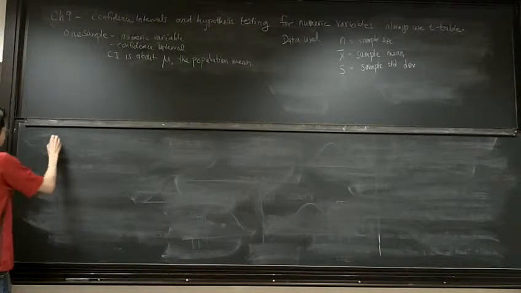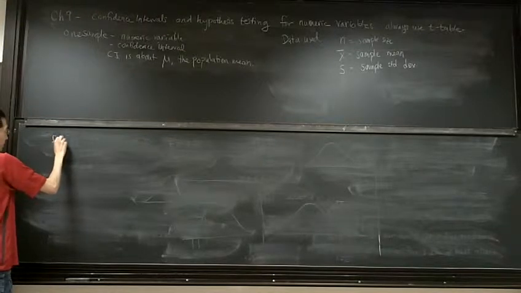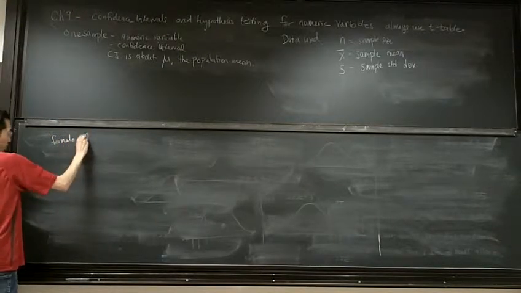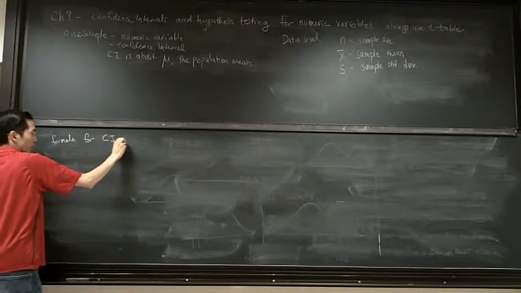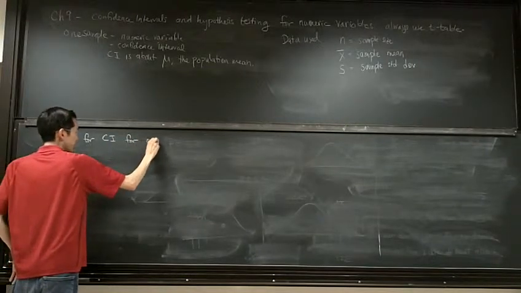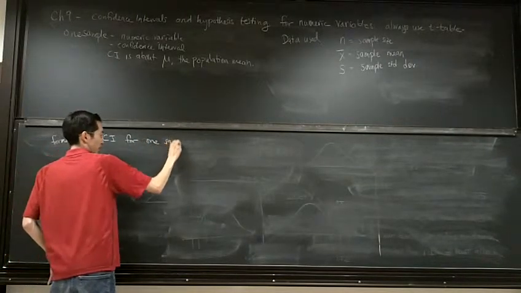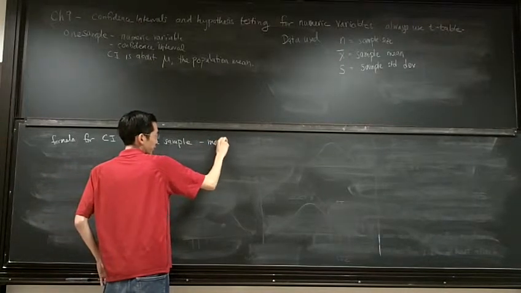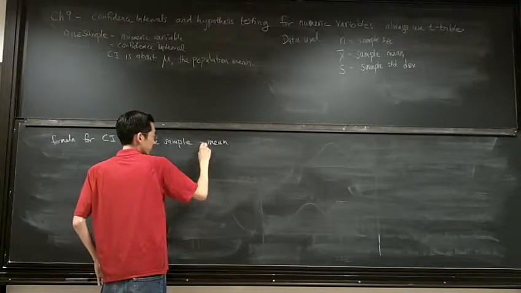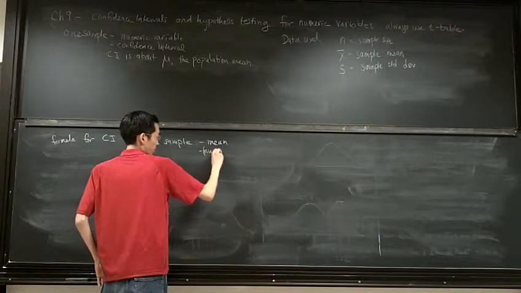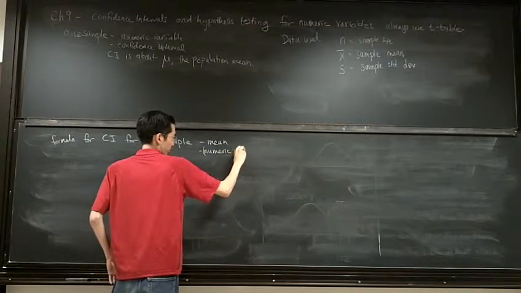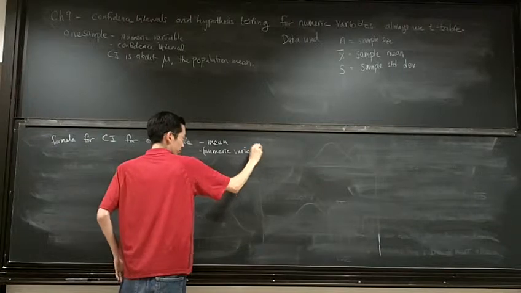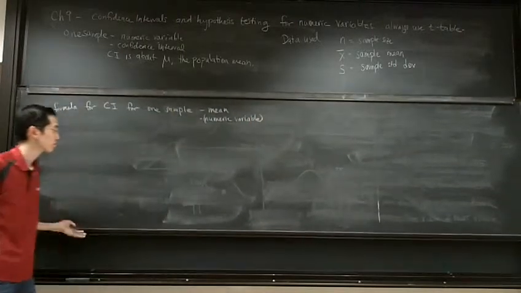And so the formula for a confidence interval for one sample, where we are dealing with a mean or numeric variable, is easy.